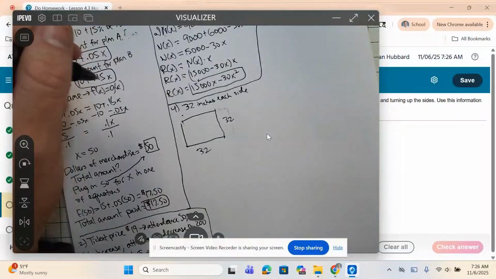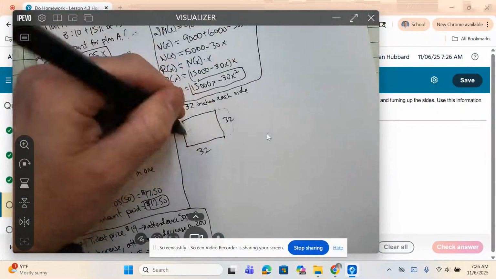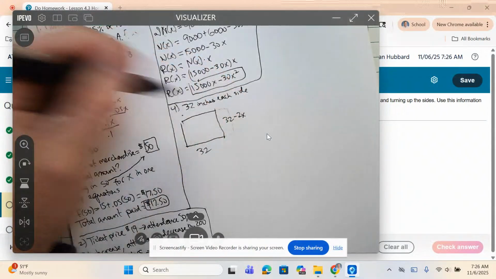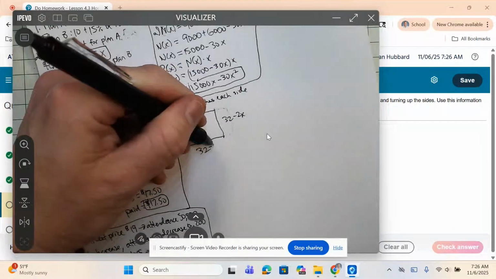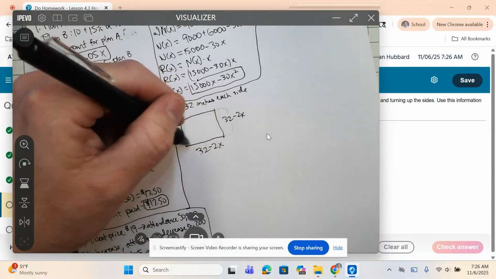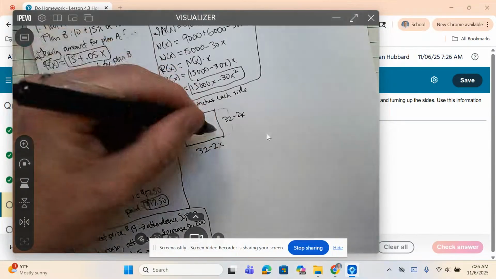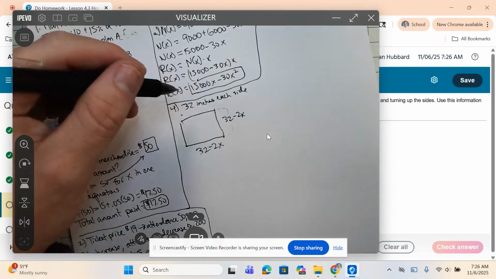So how many sides do I have? If I cut from each side, there's 2 sides, so I'm going to be subtracting 2x. This new dimension is going to be 32 minus 2x. I'm cutting 2 times a certain amount from each side.